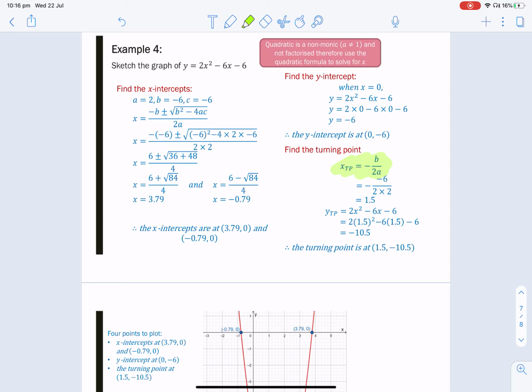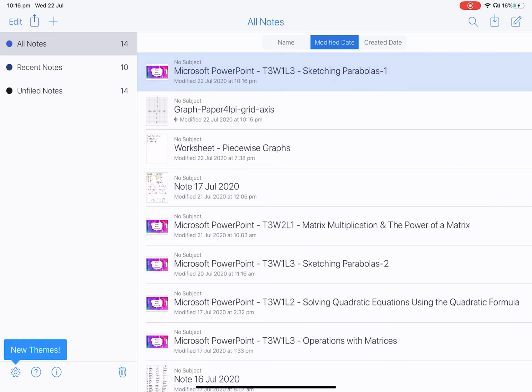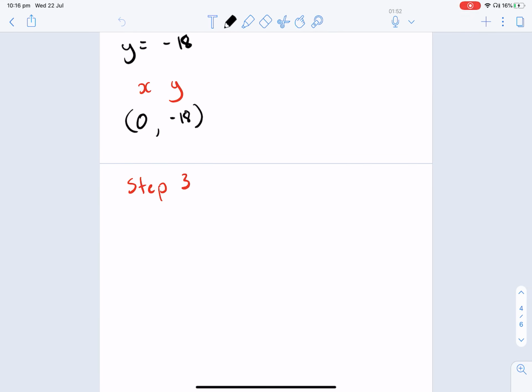So our x of our turning point equals negative b over 2a.